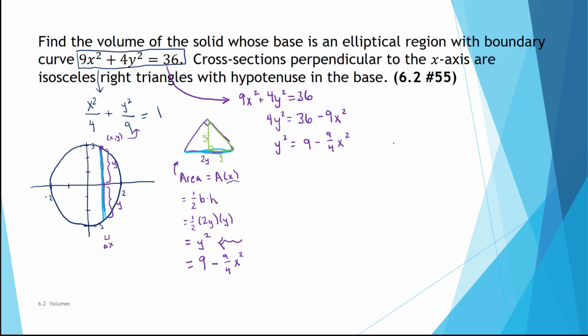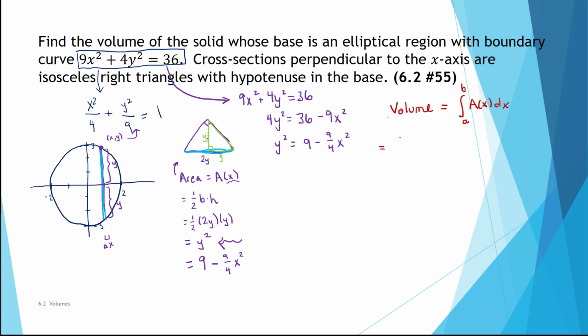Now we are ready to find the volume of our solid. Remember, in general, the volume is the integral from x value a to x value b of the area of a cross section at x times dx.